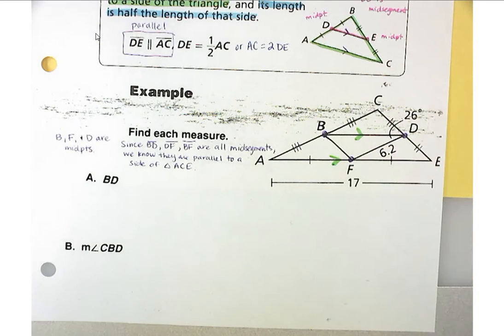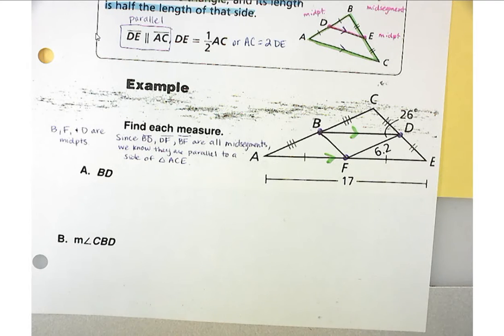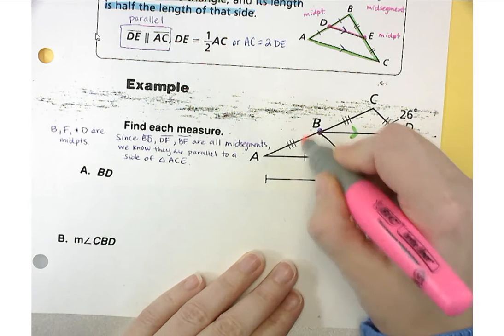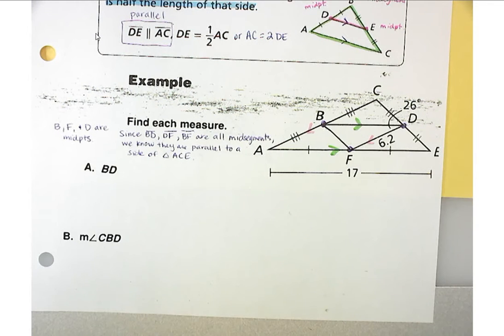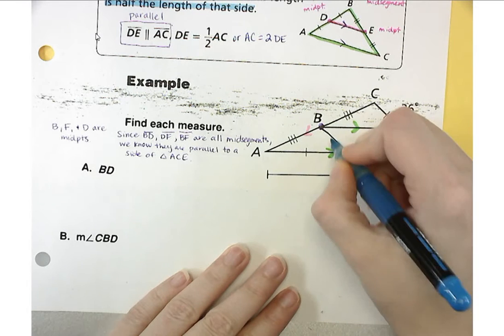I marked these in different colors so you could see what went with what. Let's do another midsegment. Besides BD, we have DF. DF is going to be parallel to what? AC, good. It's this whole side here. And the last one, BF is parallel to CE, good.